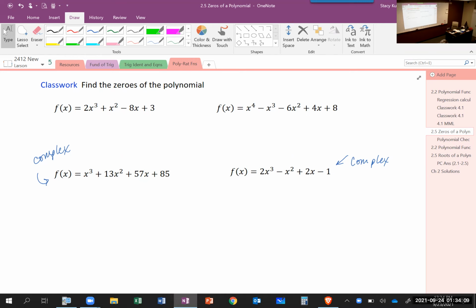Good try. Now, so I can use my table and I can find all the decimal values.